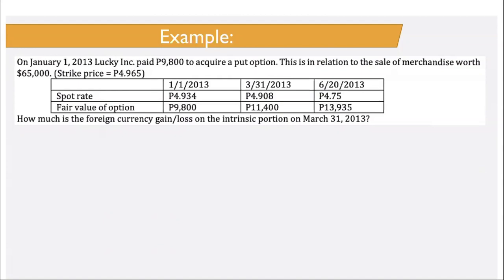How much is the foreign currency gain or loss on the intrinsic portion on March 31, 2013? What is asked here is your intrinsic portion, therefore the change in your intrinsic value. Intrinsic value is known as your effective portion. So how do we account for it again?